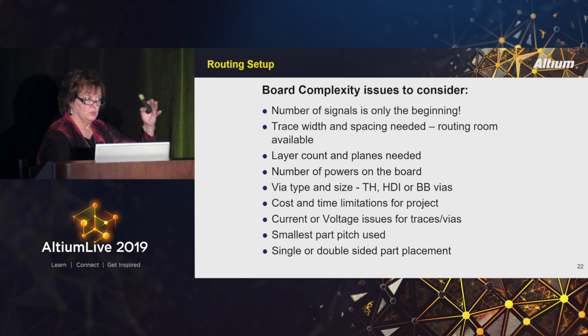You have reference return against those powers, or you have to have a ground plane next to those powers, so you need to think about how many powers. The via type and size: are you going to use through hole, HDI, or blind and buried vias? You think about all these things from the very beginning because it makes it the most efficient way of designing the board.